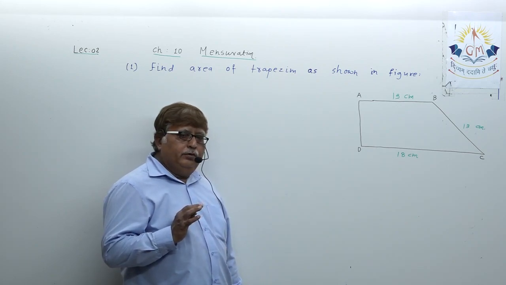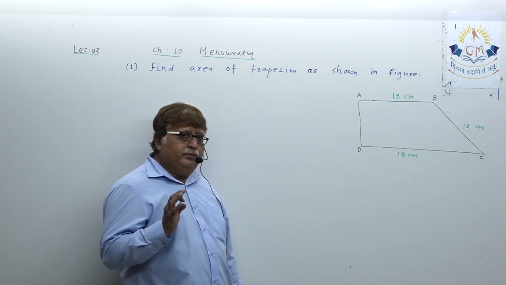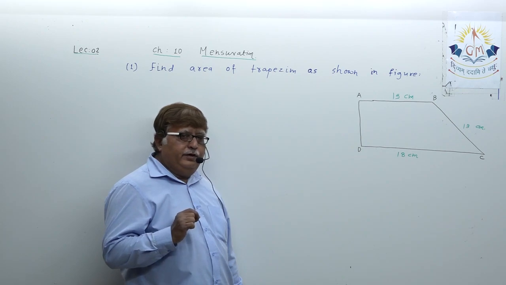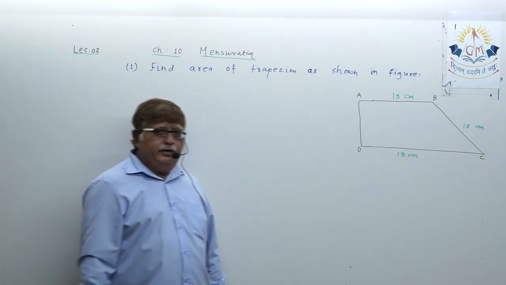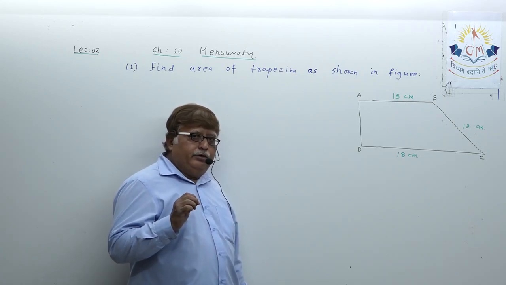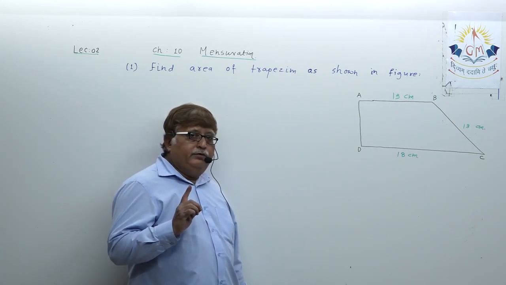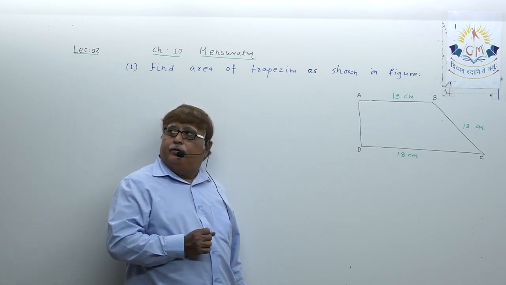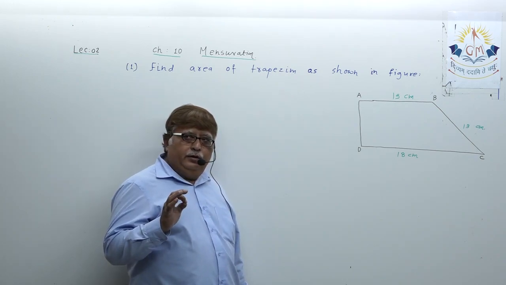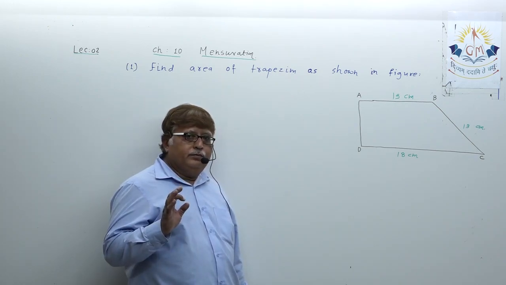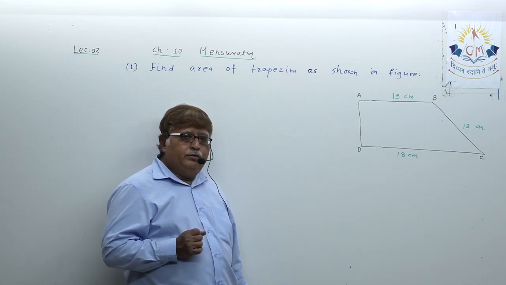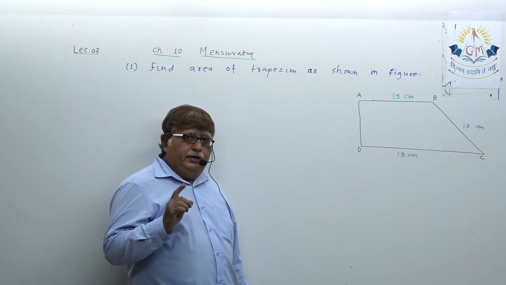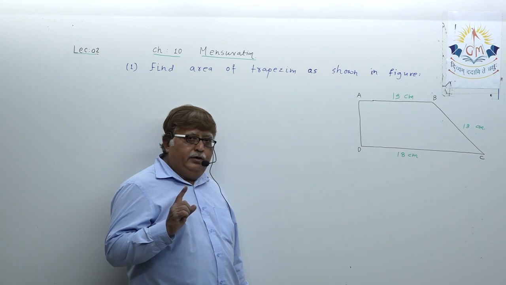Whenever you solve any example, as I suggested in our previous lecture, stick to the basics. If you want to find the area of a trapezium, you should know the length of the two parallel sides.